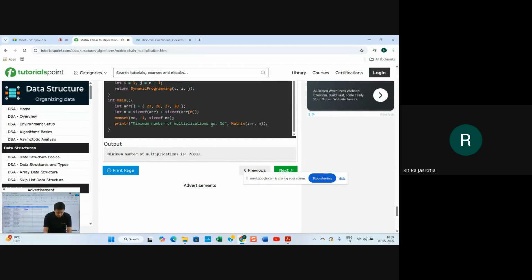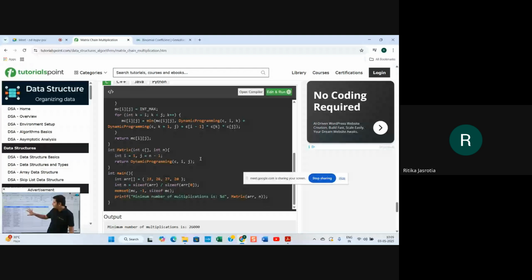Print minimum number of multiplication is matrix A, comma N. So in the matrix function, this ARR is passed here, and N's value you are getting from here. Here you are passing the N's value.